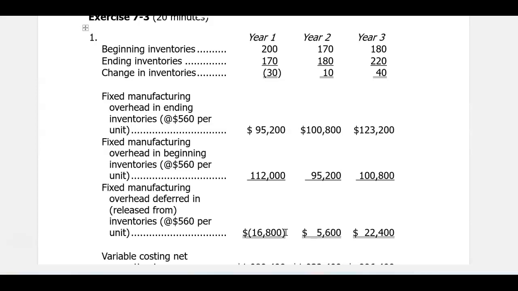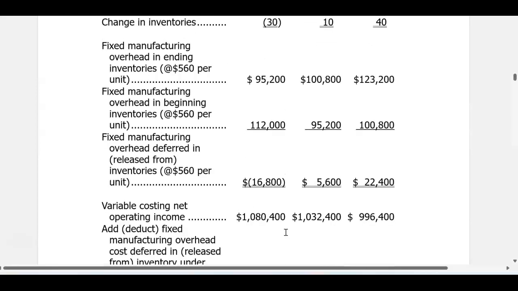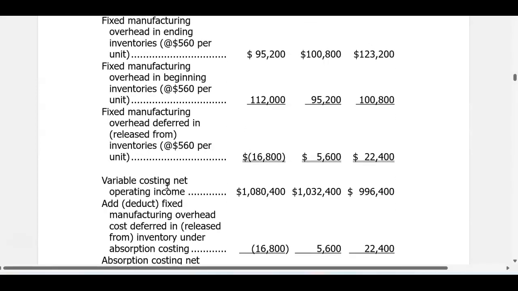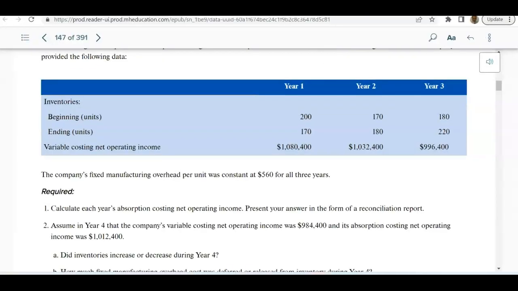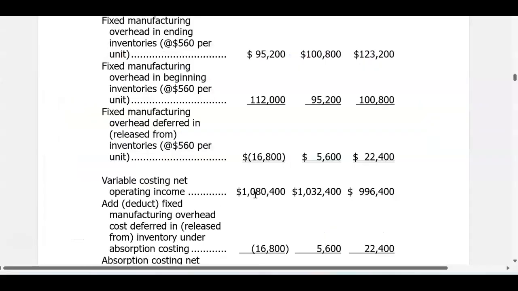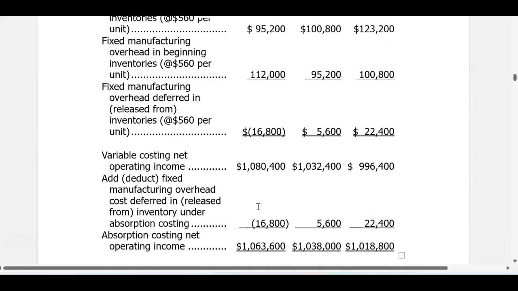Nothing will be absorbed by absorption costing. So variable costing net income, operating, is 1,080,000. That's variable costing.